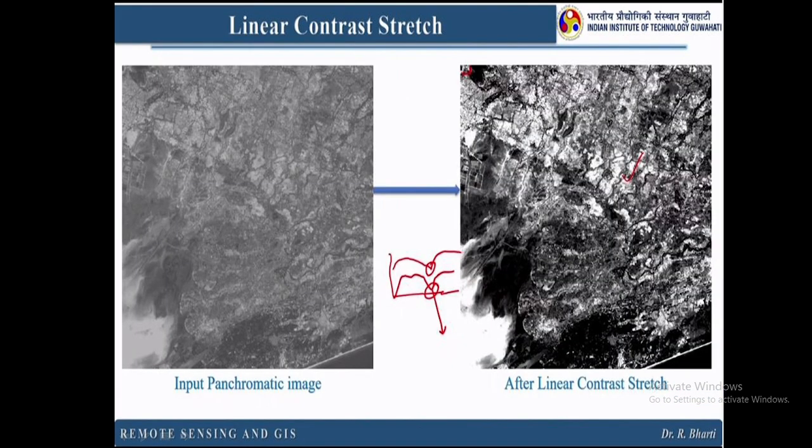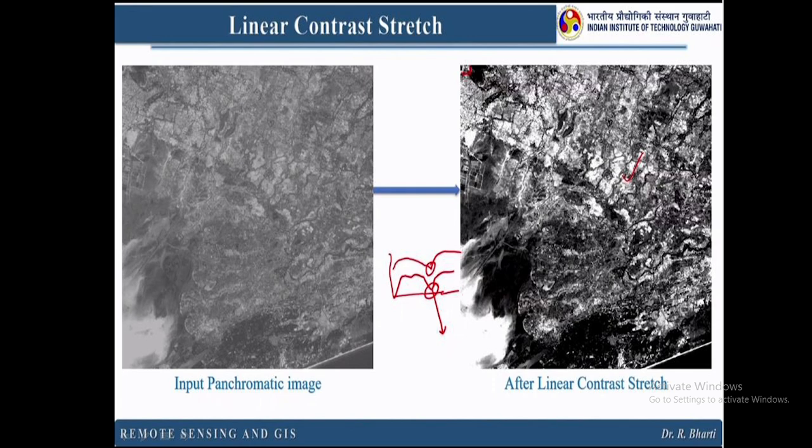This is the linear contrast stretch. On the left side is the input panchromatic image, and this is the image after contrast stretch. For the satellite image, when we apply linear contrast stretch, we see the image after the stretch. There are several changes here. The gray values are darker and more visible after linear contrast stretch.